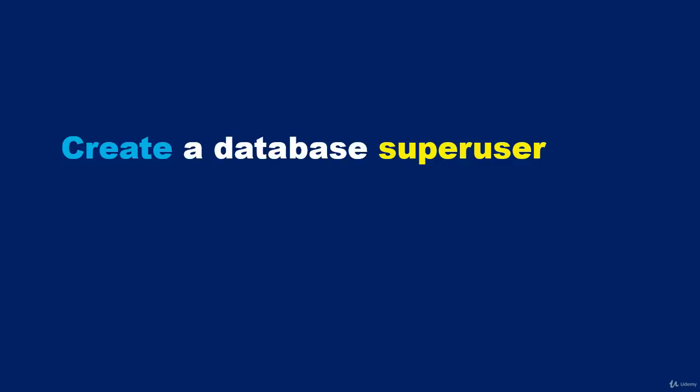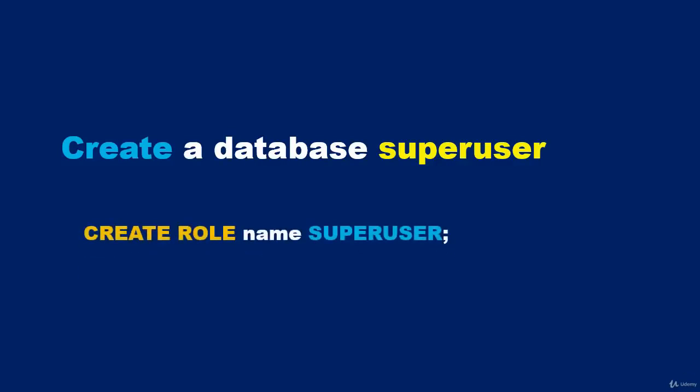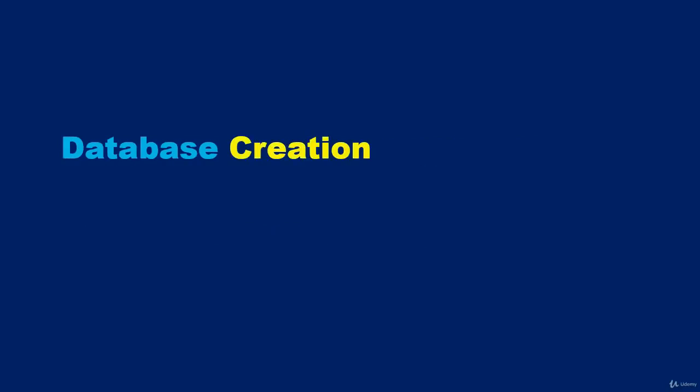It is best to do most of your work as a role that is not a superuser. To create a new database superuser, you use CREATE ROLE name followed by the SUPERUSER word. You must do this as a role that is already a superuser. So for you to create a new superuser, you already have to be a superuser.